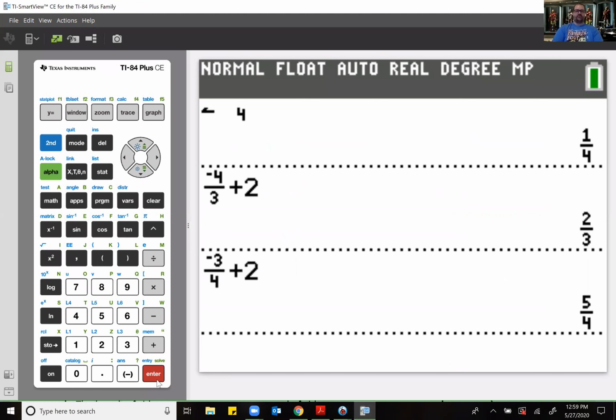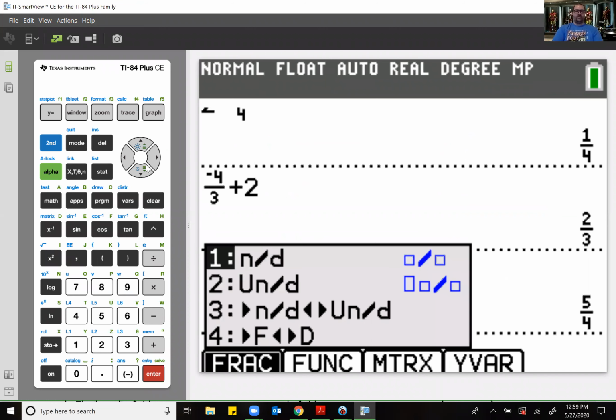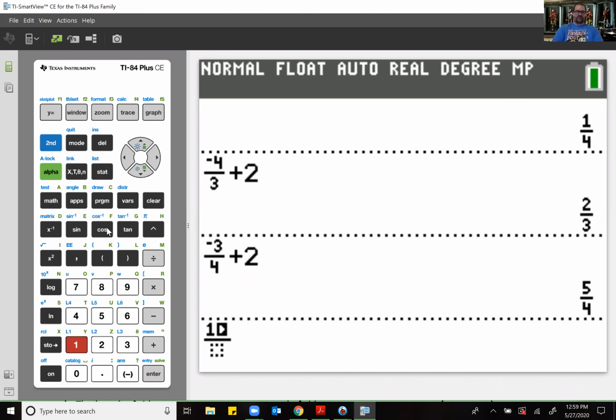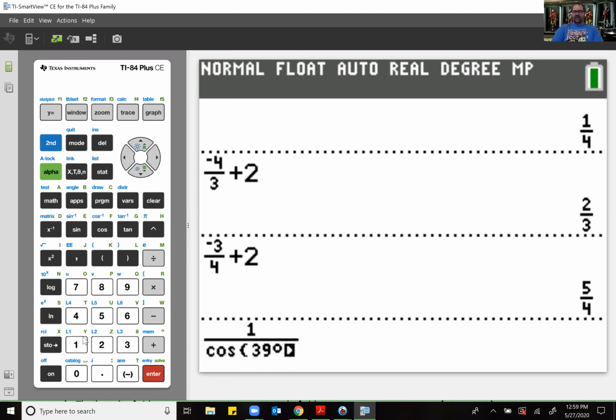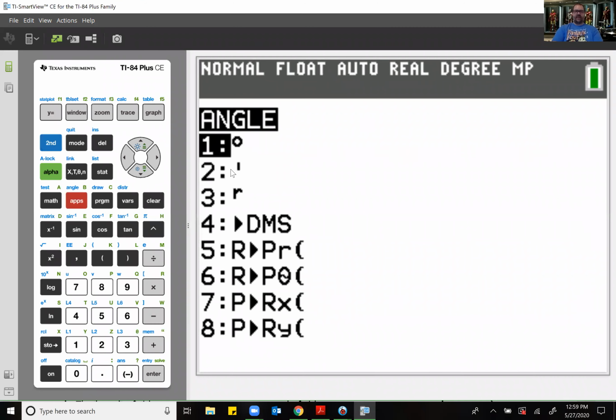Alpha y equals 1 over cosine. And then we're going to put 39. If you hit second apps, there's your angle symbol. And then 12 minutes. So press 12, not 11. 12. Hit second apps. Right there is the minute sign.